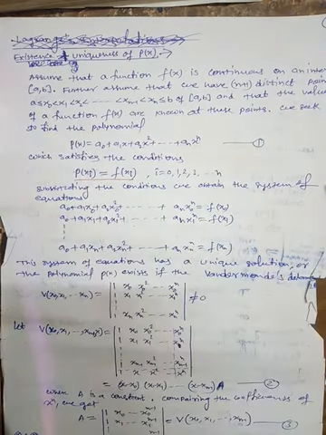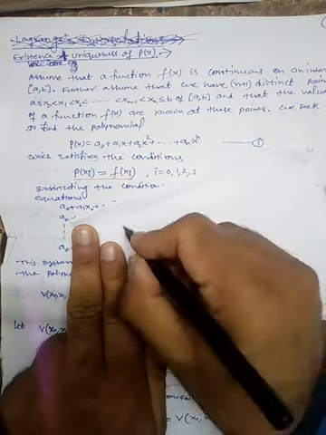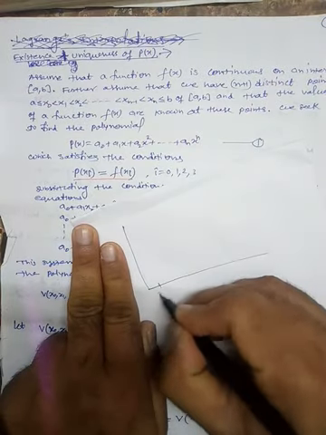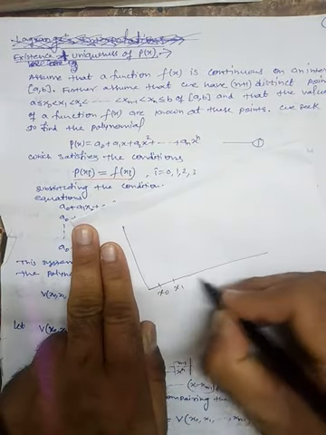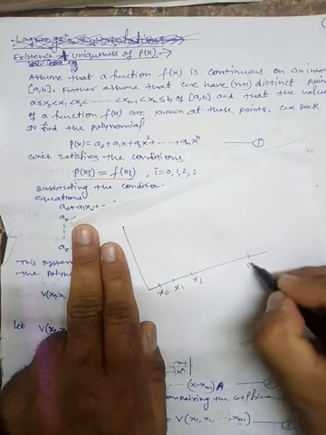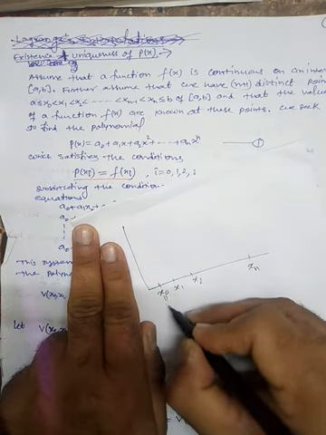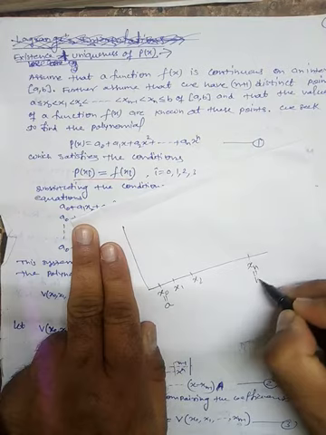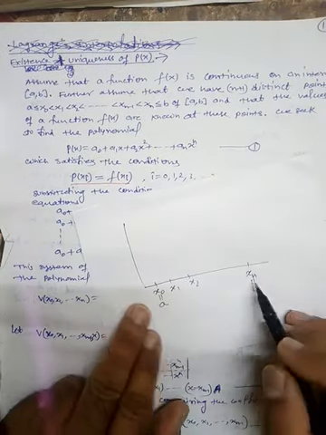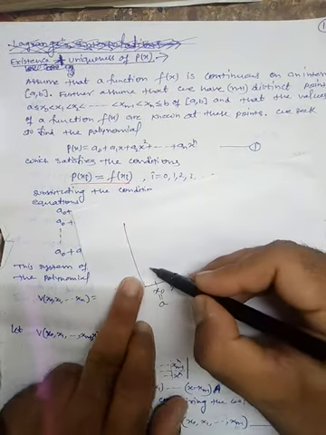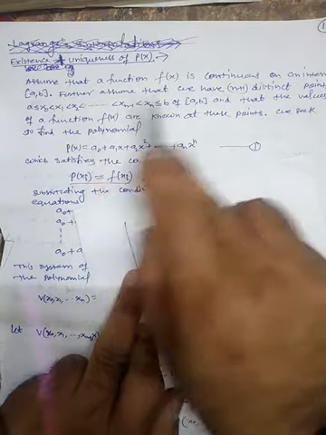That means we basically have this data x0, x1, x2, ..., xn. This is also known as a, this is also known as b. At these points the value of the function f is known.